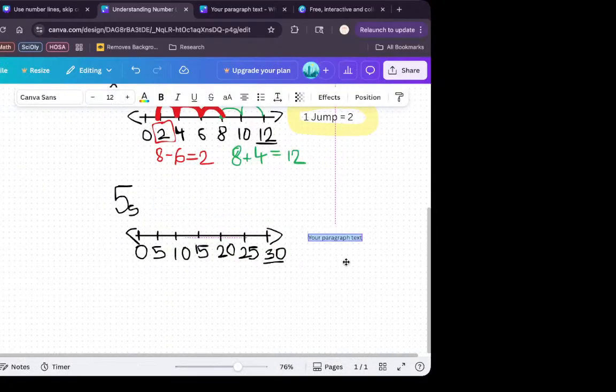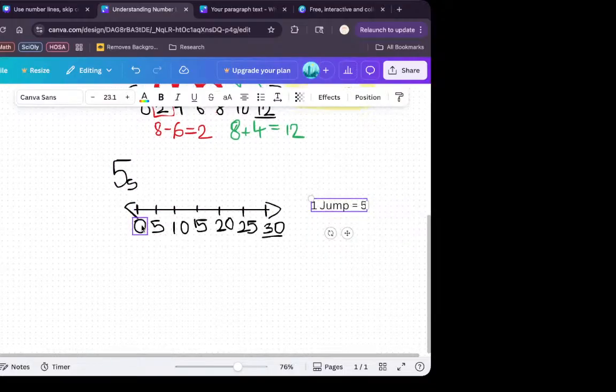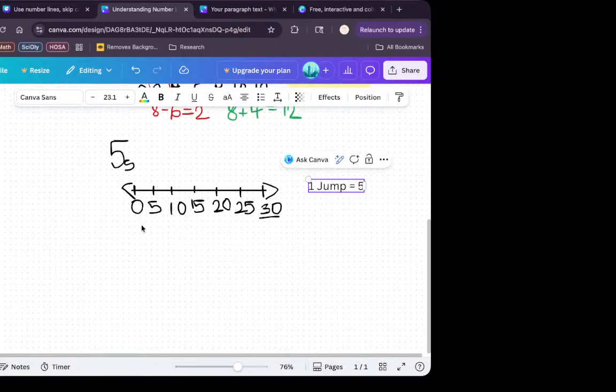Okay, you guys thought about it. Over here, 1 jump is not equal to 2, but it is equal to 5. Why is it equal to 5? It is equal to 5 because with each jump, we are either adding by 5 or subtracting by 5. We are not adding by 2 in this one or subtracting by 2, 3, or any other number.